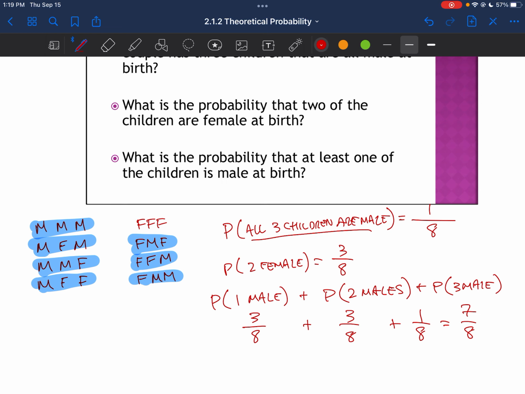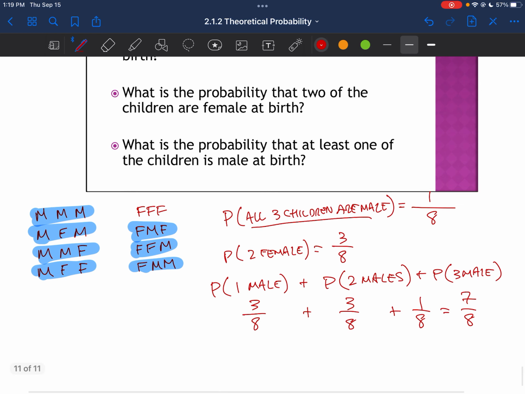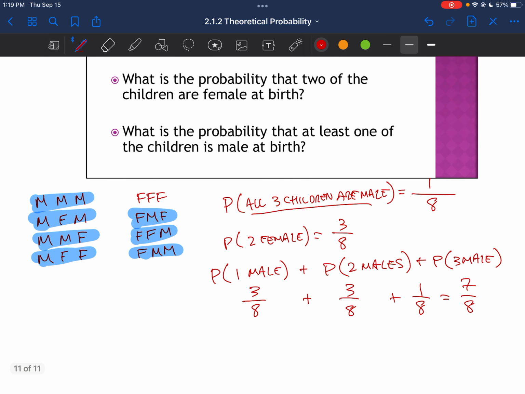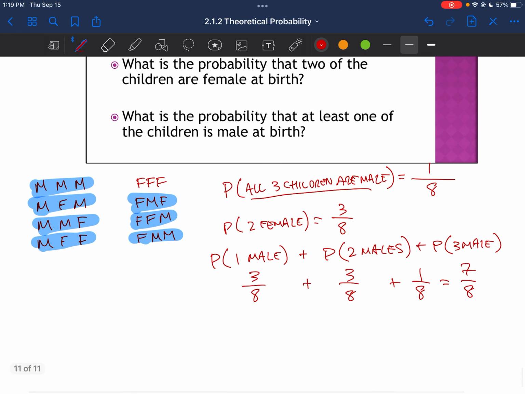Now, there's an idea that is really helpful when calculating more difficult probabilities, and that is the idea of a complement. All the different probabilities have to add up to be 1, right? There's one piece missing here.